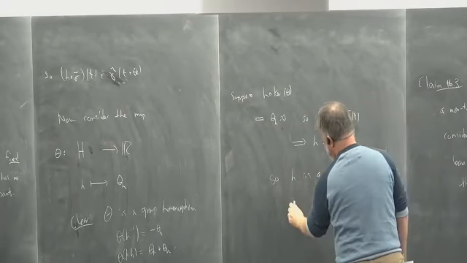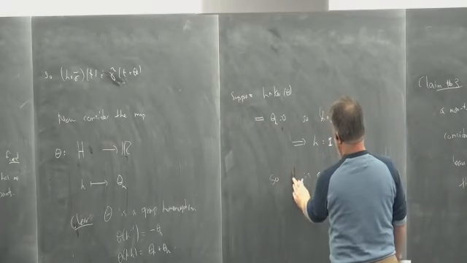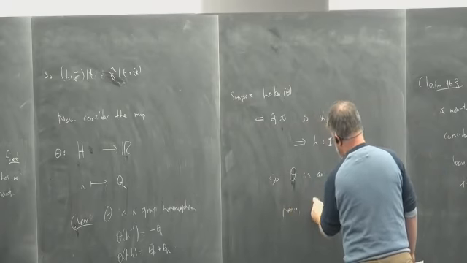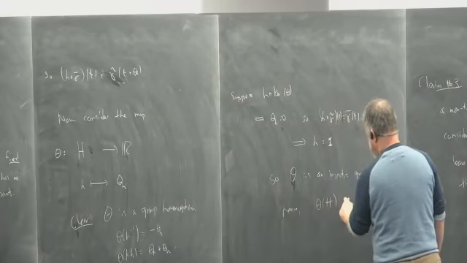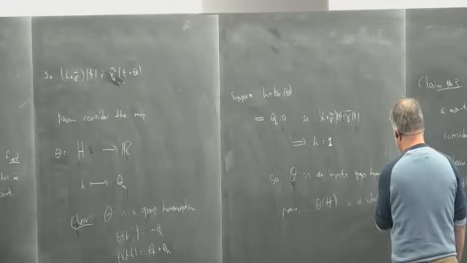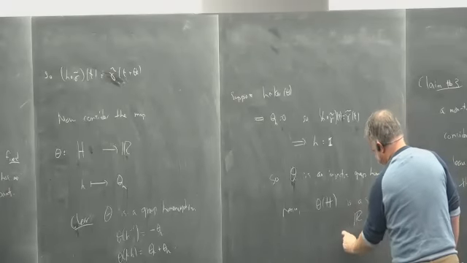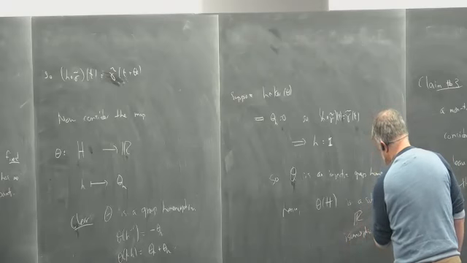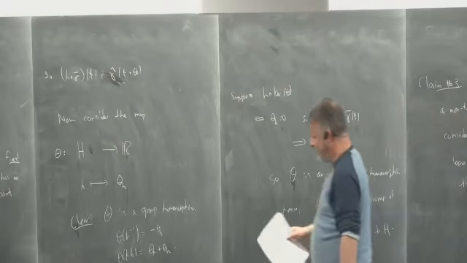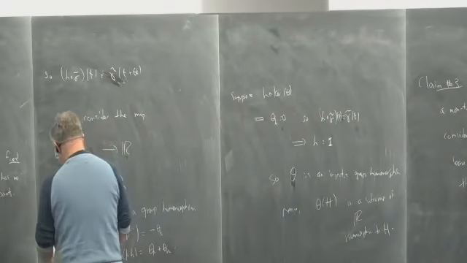Hence, its image is a subgroup of R isomorphic to H. Okay, because it's an injective group homomorphism, it's an isomorphism onto its image.